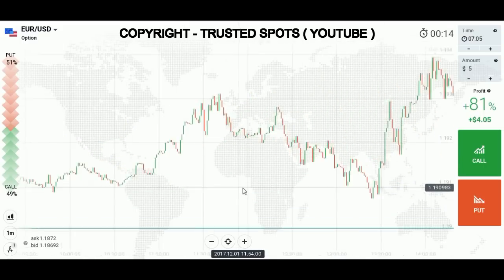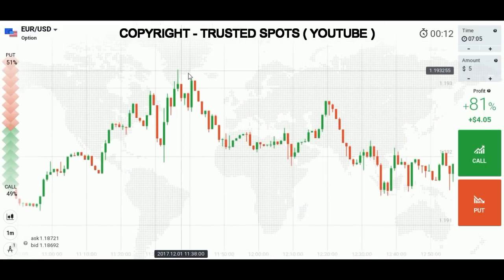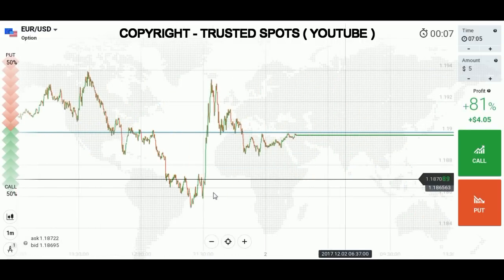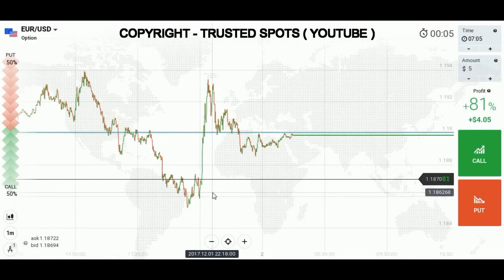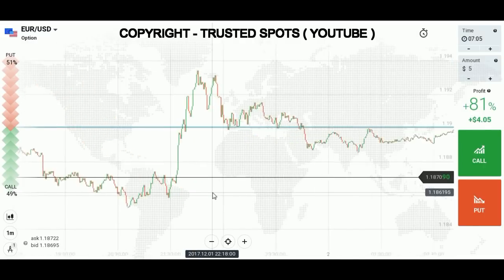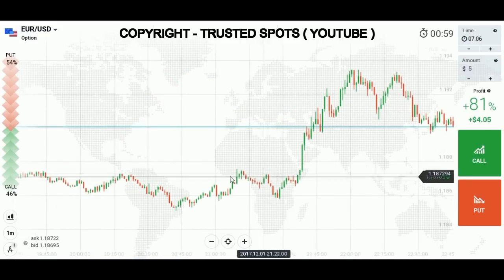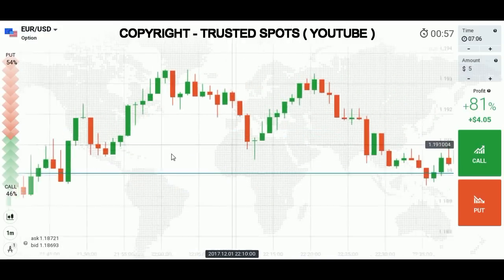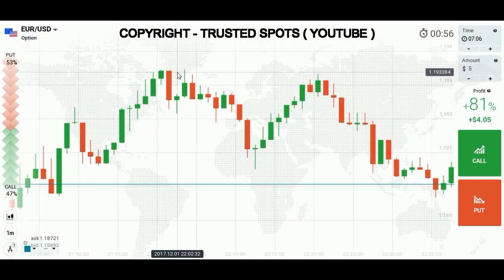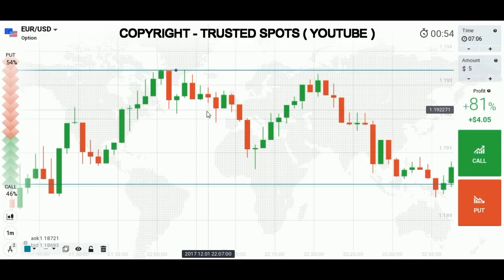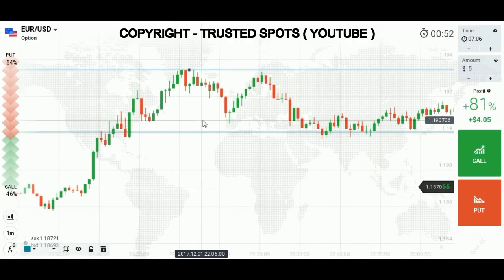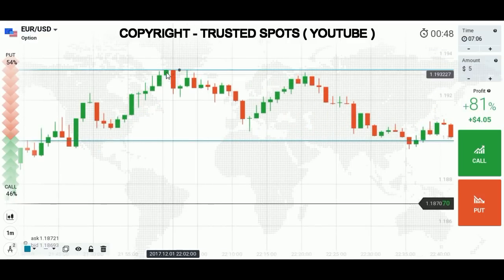If this is a resistance for one person, and the other person also knows SNR, then the same level will also be the resistance for him.